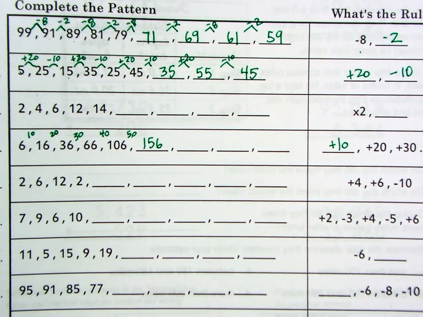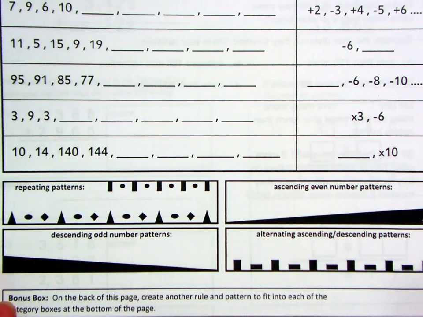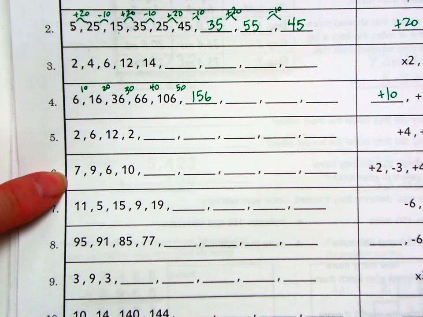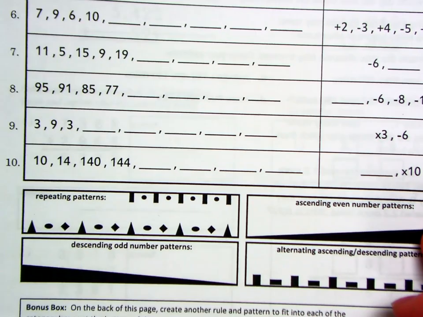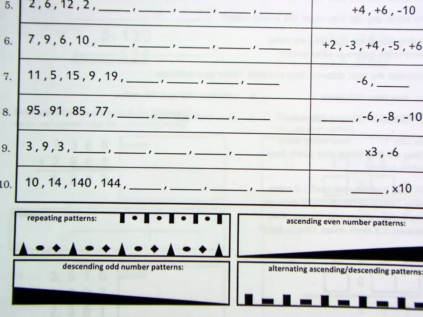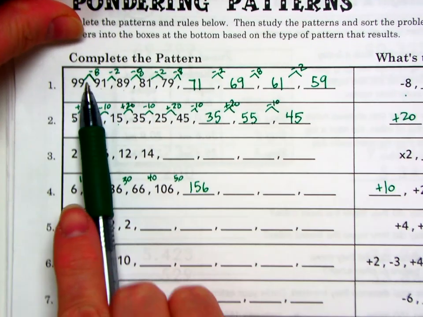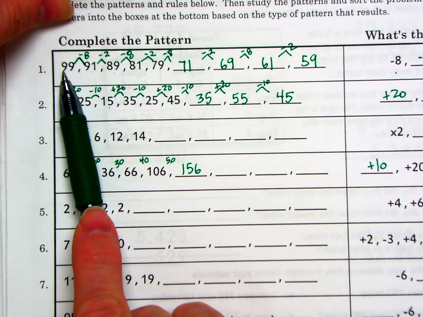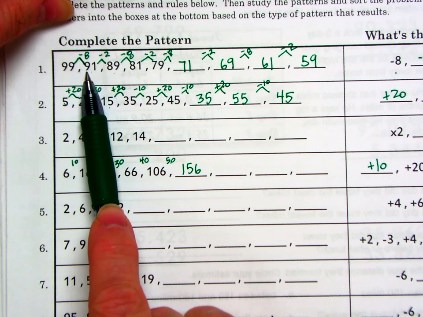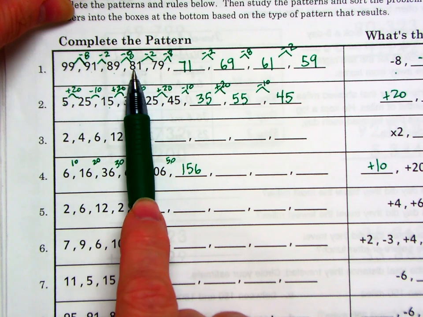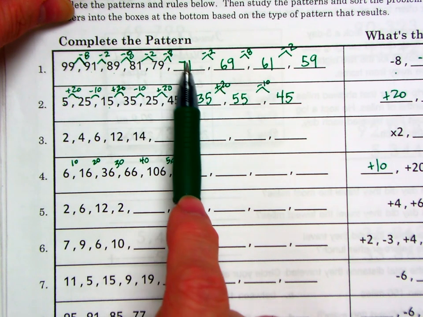Okay? Now, down at the bottom, you have 4 boxes that you're supposed to sort these patterns into. Now, some of them, the pattern goes down, then down, down, down, down, down.